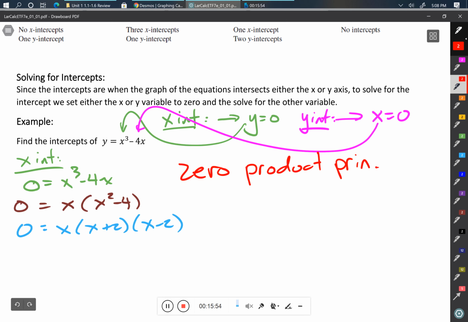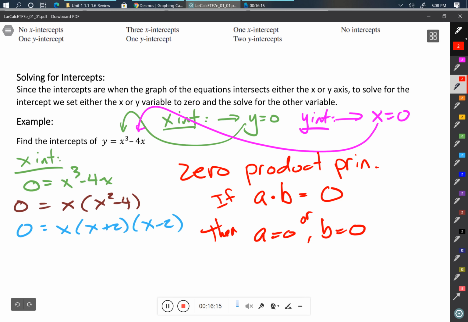The zero product principle says that if two things, or more, but two things, are multiplied together and the answer is 0, so this is an if-then statement, then either A must be 0 or B must be 0. So the only way to multiply things together and get an answer of 0 is if one of the multipliers is 0. So that's why we factor.